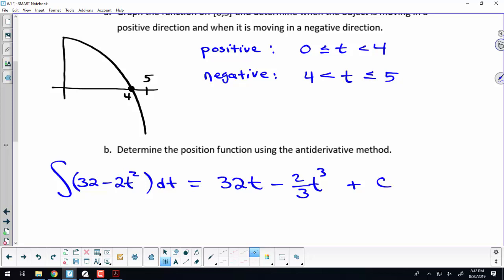So when we take the antiderivative of velocity, like we said, that gives us our position function. However, the position function is incomplete because we have c in there. We want the actual value of that c. So again, to solve for c, we have to use the initial condition or the initial position.